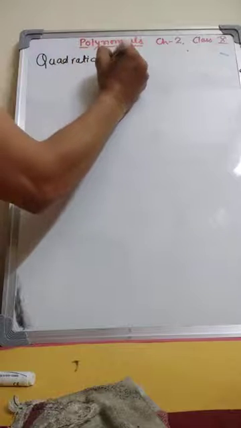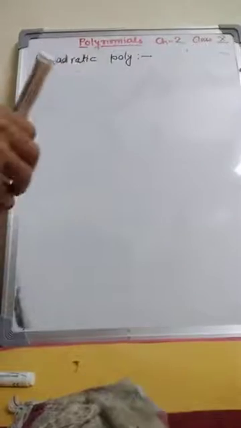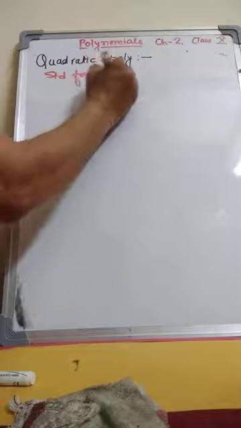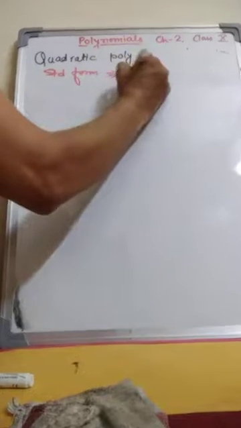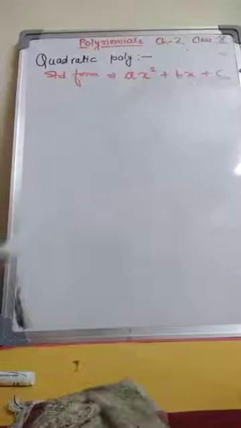First, we will study the quadratic polynomial. The standard form of a quadratic polynomial is ax square plus bx plus c.